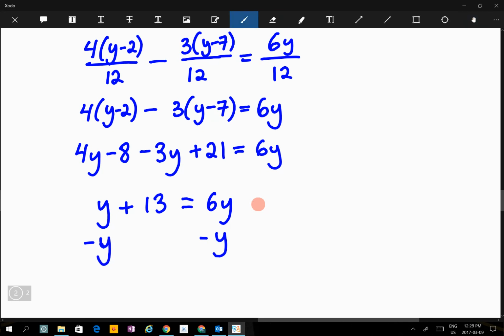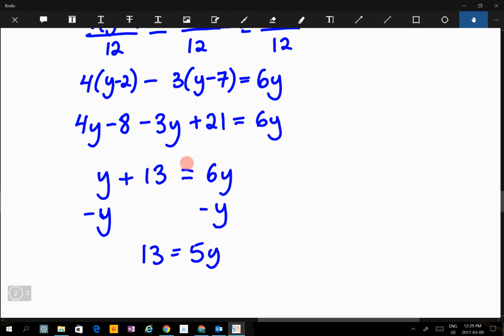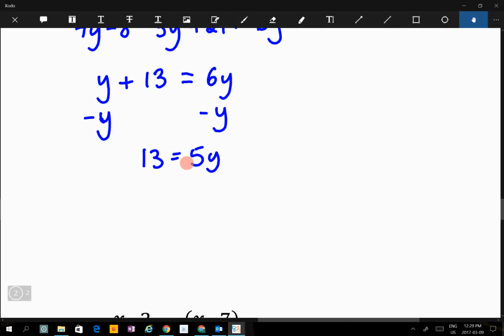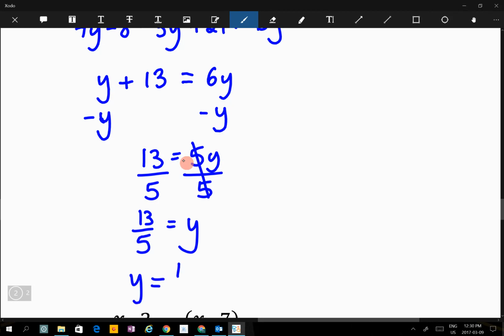And as those two y's on the left side go away, I'm left with 13 equals 5y. My final step would be to divide both sides by 5. So divide this side by 5, divide this side by 5. These two cancel. And I'm left with y equals 13 over 5. And just to put it in proper form, put the y first, so y equals 13 over 5.